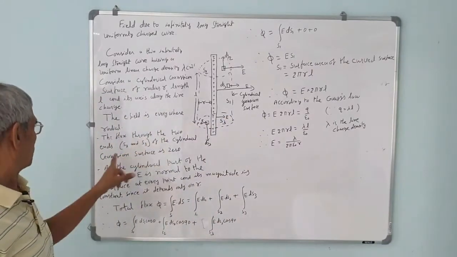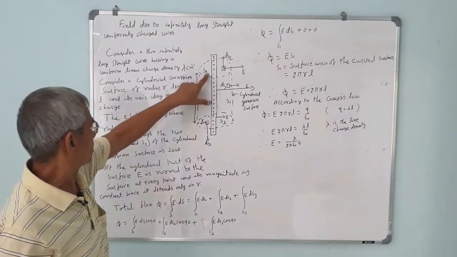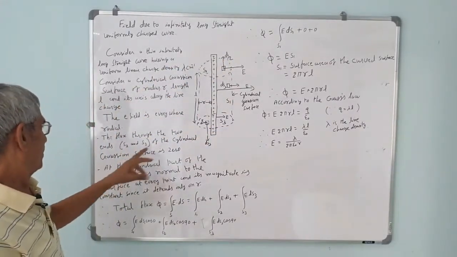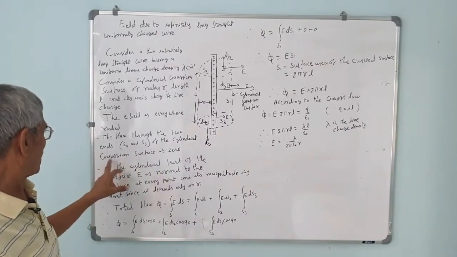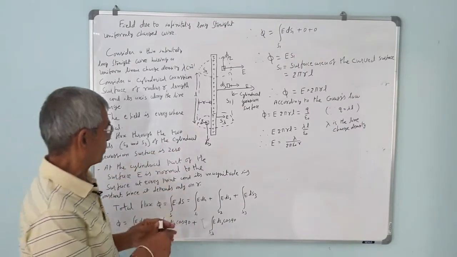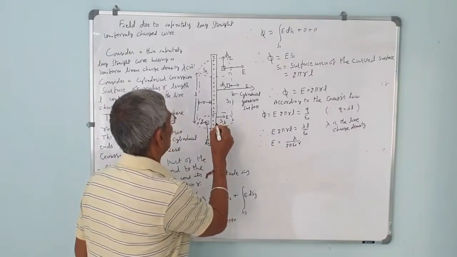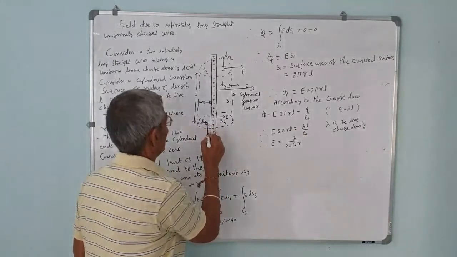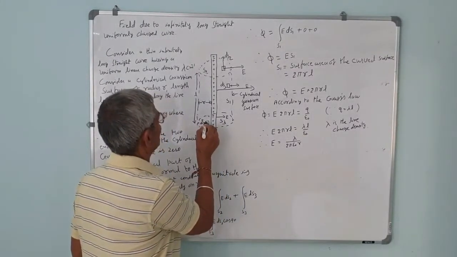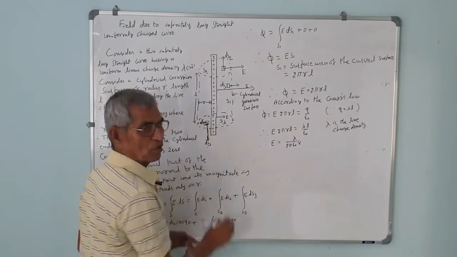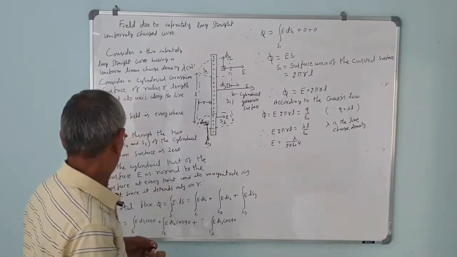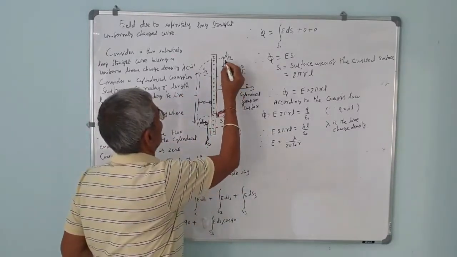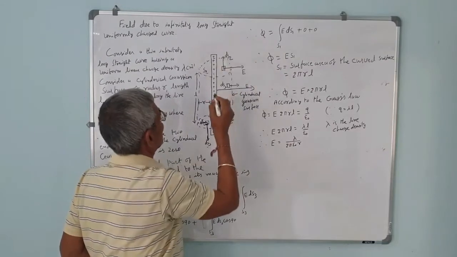The flux through the two ends S2 and S3, the cap areas of the cylindrical Gaussian surface, is 0. Why 0? Because of cos theta in E dot ds. This is the direction of the area element ds3, and this is the direction of the electric field. This angle is 90, cos 90 is 0, so the flux through it will be 0. Similarly for this one, the electric field is in this direction and the area vector ds2 is in this direction.